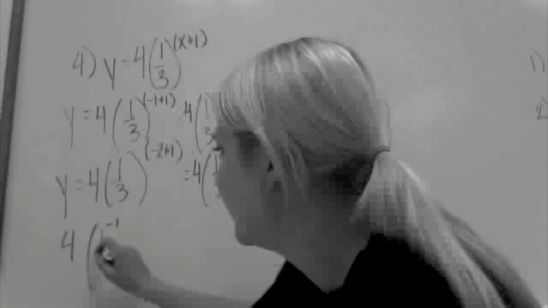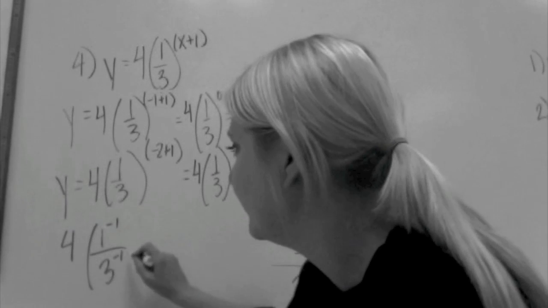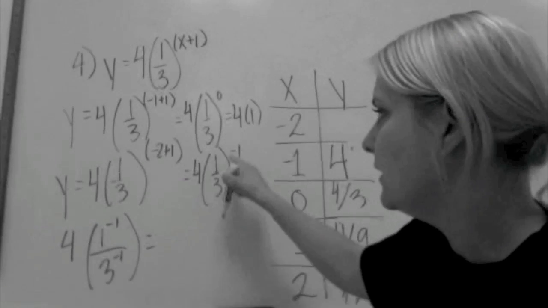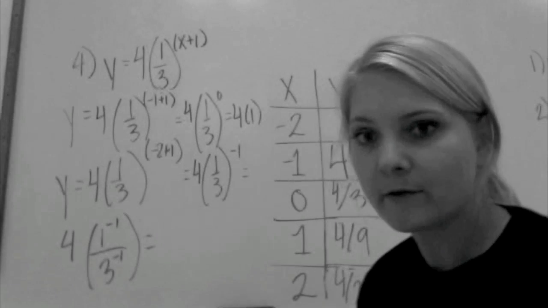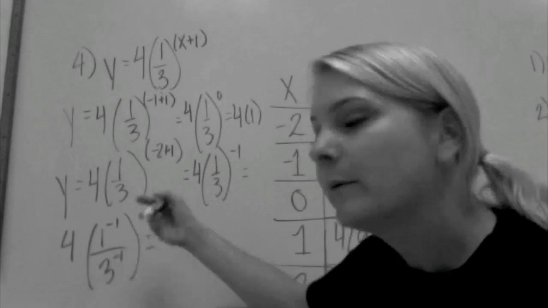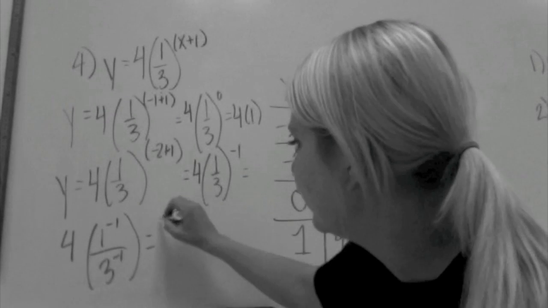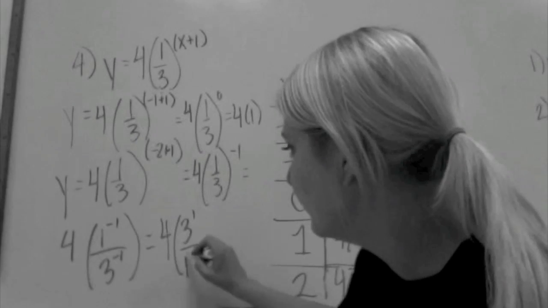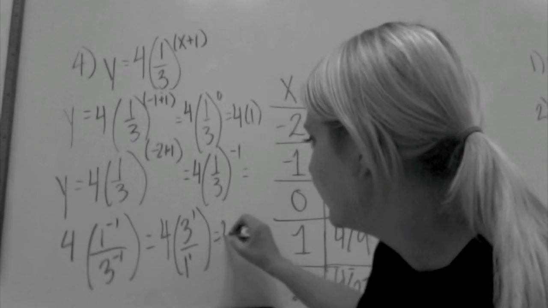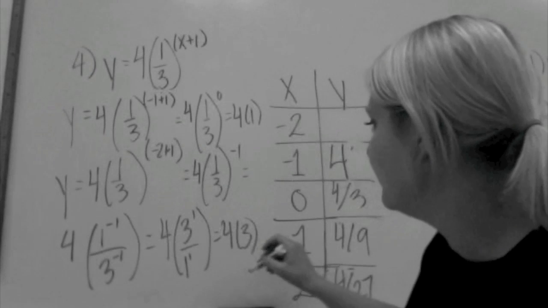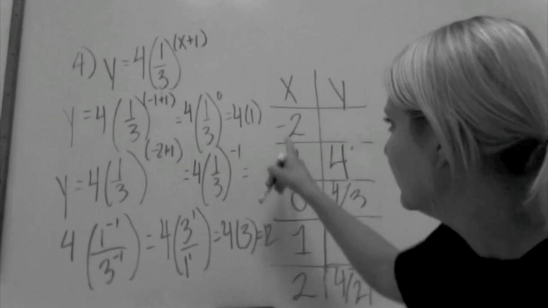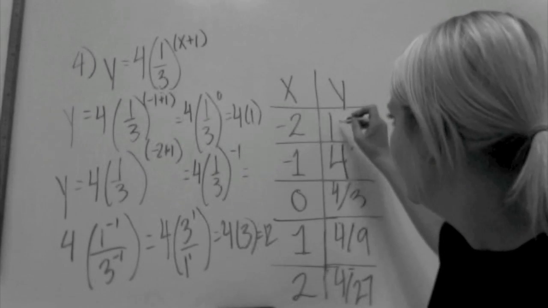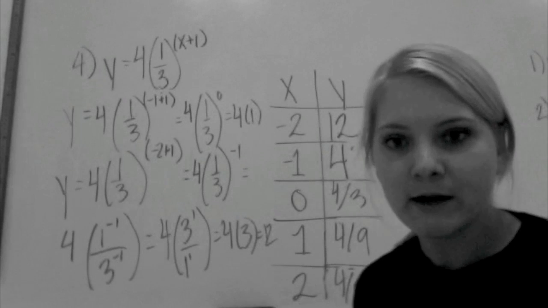We have 1 raised to the power of -1 over 3 raised to the power of -1. And we raise both numerator and denominator to the power of -1. And using our law of negative exponents, we'll rewrite this expression as 4 times 3 to the power of 1 over 1 to the power of 1. So this equals 4 times 3, which equals 12. So when x is -2, y is 12.